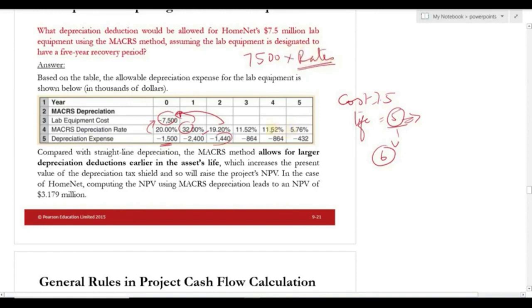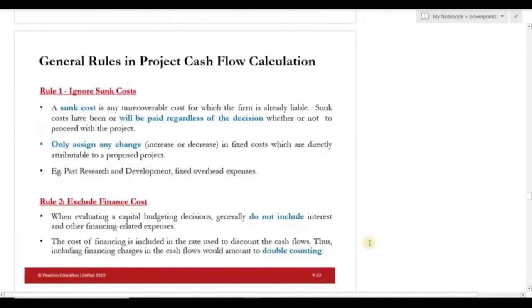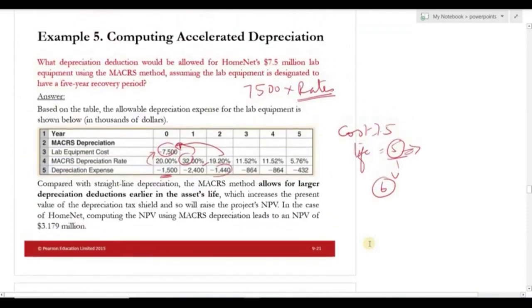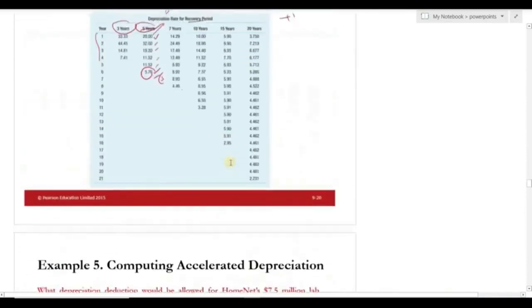Okay, once we get these depreciation amounts, then of course we need to adjust our example. So if you see, how can we adjust this depreciation? Depreciation in year 0 is 1500, okay, and 2400 in year 1. Remember these depreciation expenses, and let's go back to our example and see what happens.